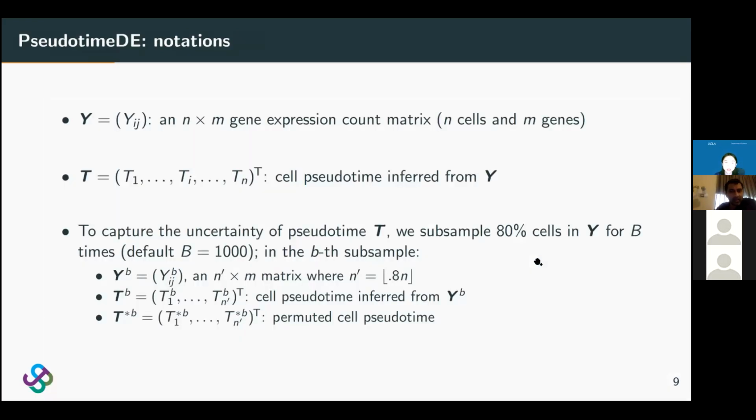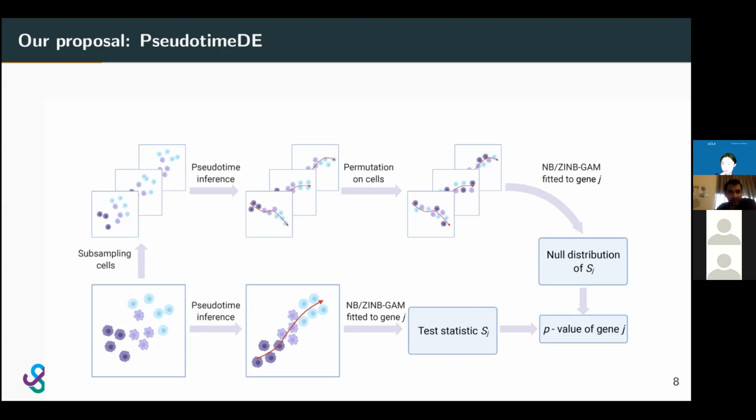Excuse me, could you go over why you permute again? I'm a little confused on that part. Otherwise, if we don't permute, we cannot call it a null distribution. Null distribution means that when the null hypothesis holds, what values my statistic would take. So to create the null cases, there must be no association between pseudotime and gene expression.